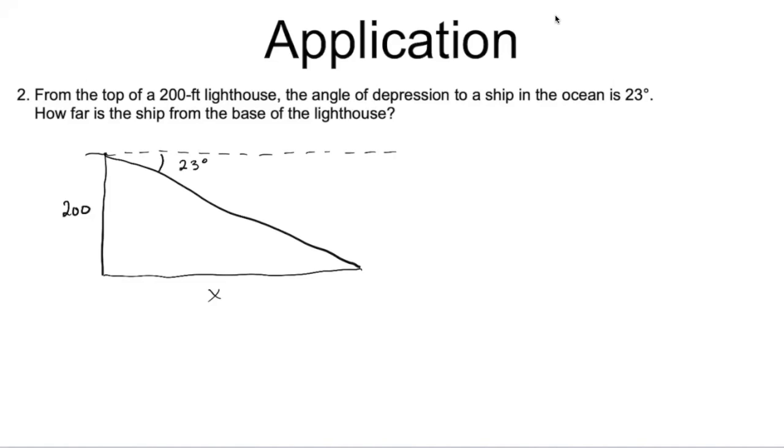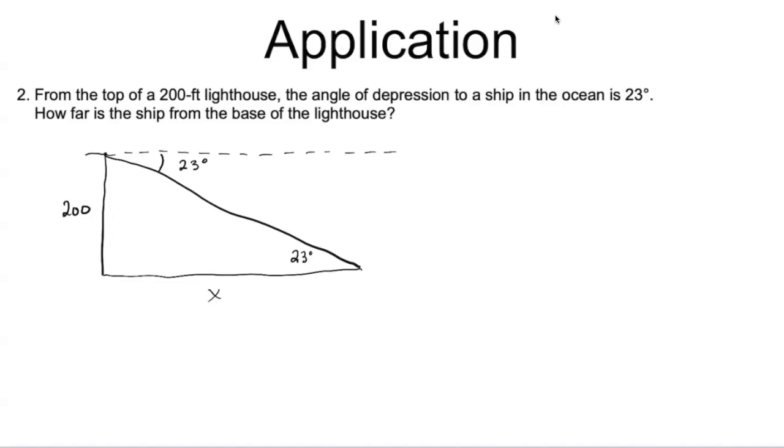Well, since the line of sight is parallel to the ground, or in this case, the water, we can use the parallel line theorem and state that this angle here is also 23 degrees.